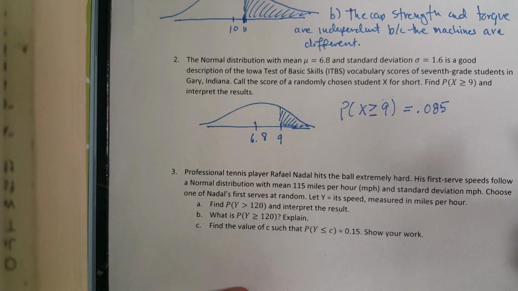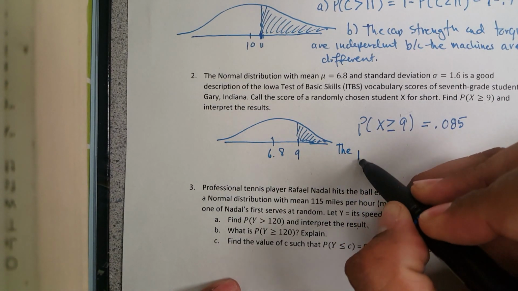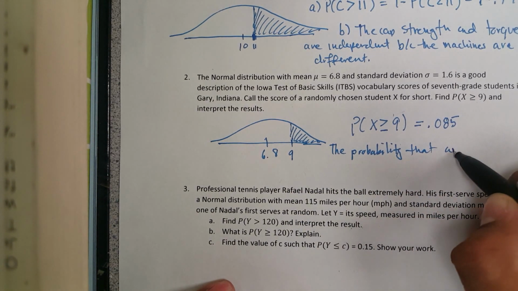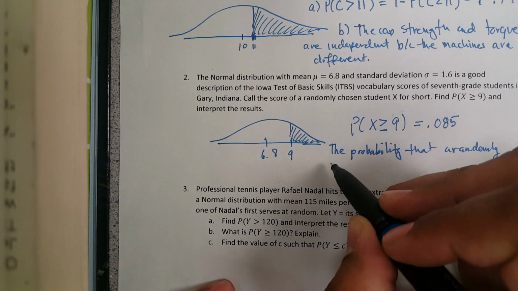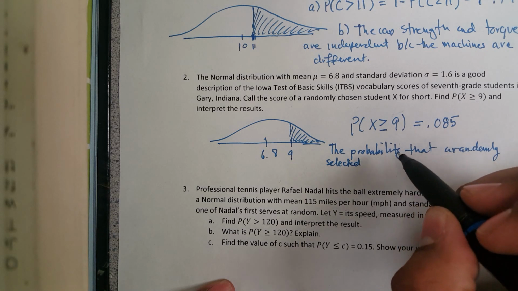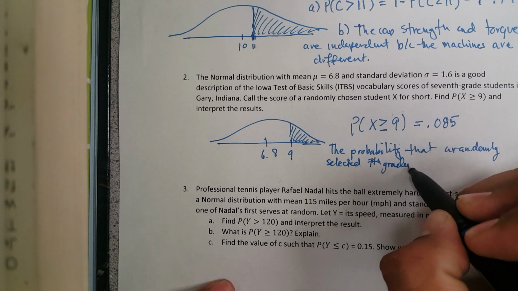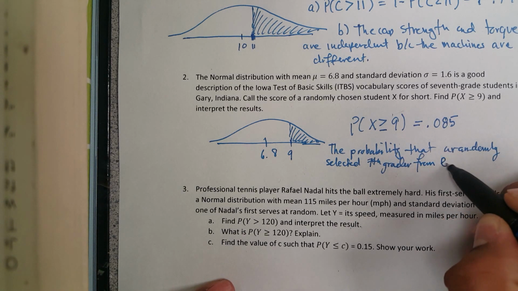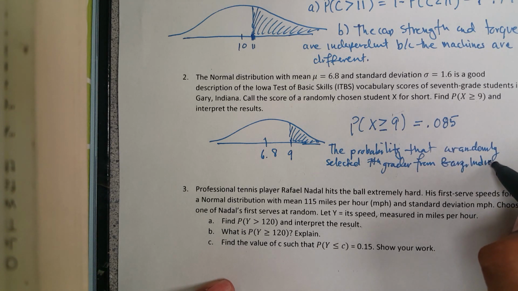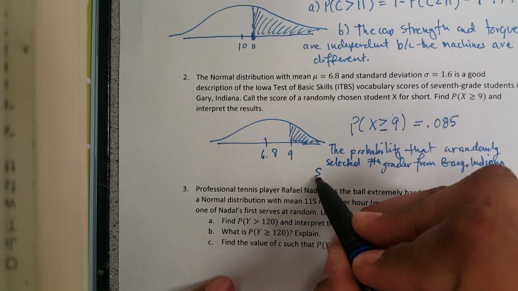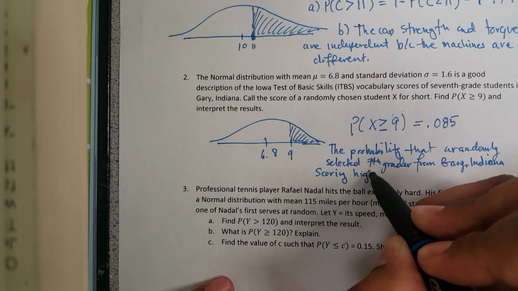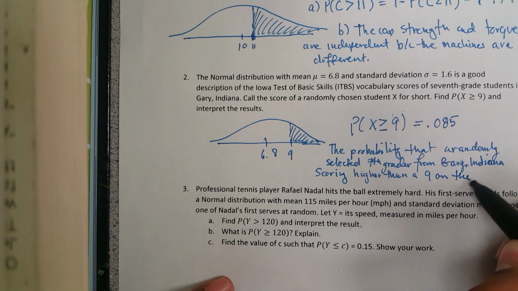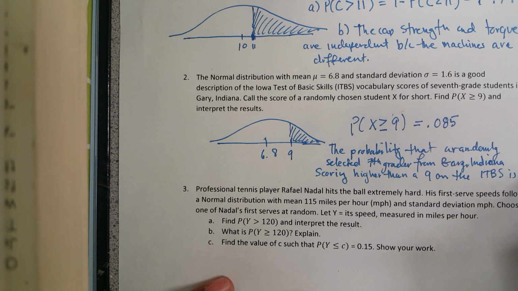So it says here to interpret the results. So we're going to put here the probability that a randomly selected 7th grader from Gary, Indiana, scoring higher than a 9 on the ITBS is 0.085.